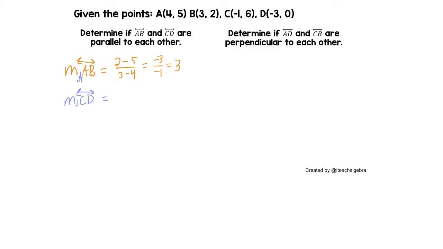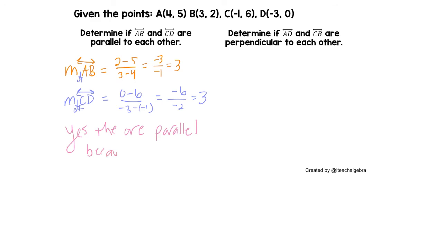It looks like the measure of AB, and that's not what it is. 0 minus 6 over negative 3 minus negative 1. That is negative 6 over negative 2, or 3. So we can say, yes, they are parallel because the slopes are the same.